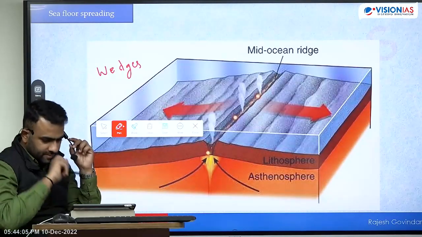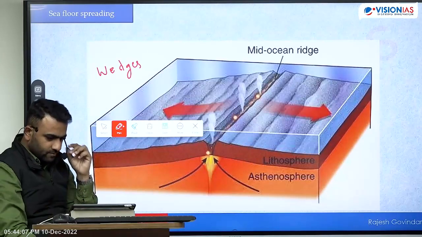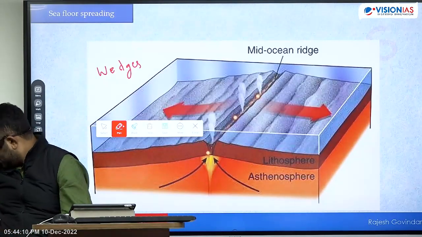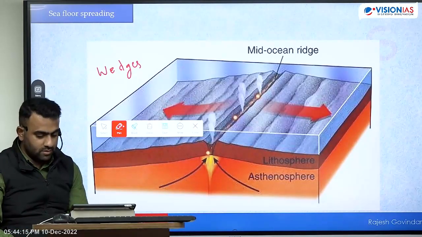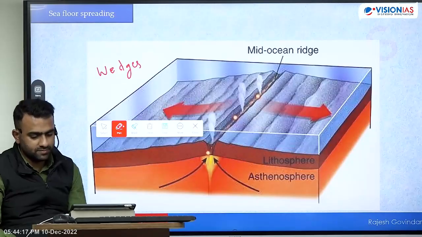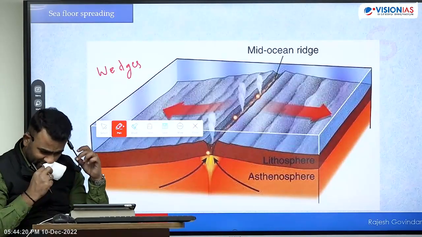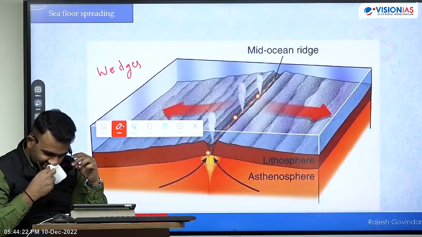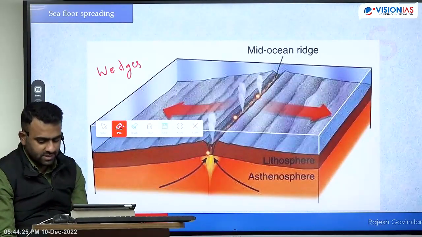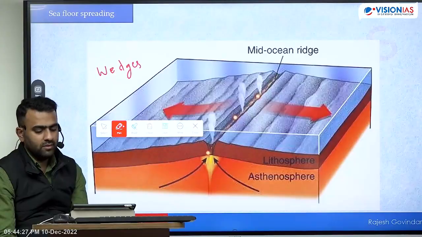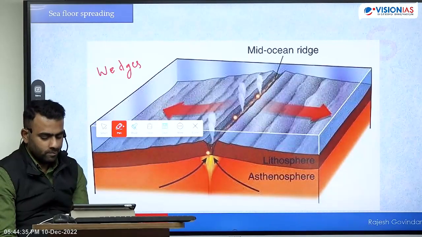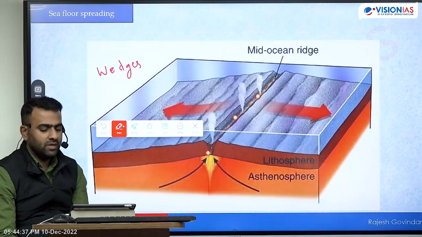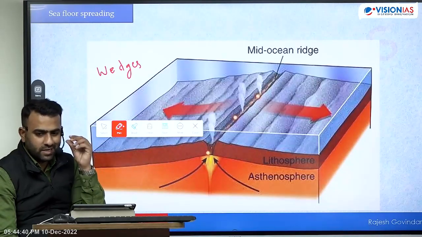Therefore, the ocean floor spreads. Stop. The spreading crust sinks down at the oceanic trenches and gets consumed.